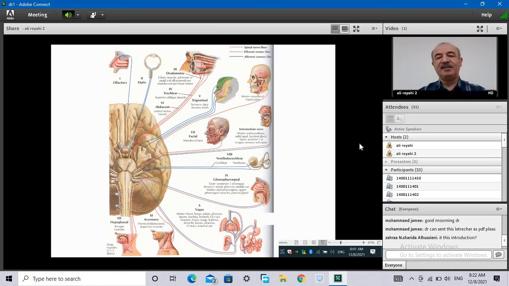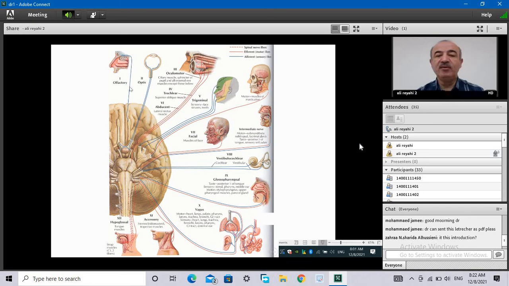Here I try to review the names of these nerves. In neuroanatomy and in head and neck anatomy, you will learn about all of these. Don't worry. Look at the color of these nerves. Some are shown in blue, some in red.